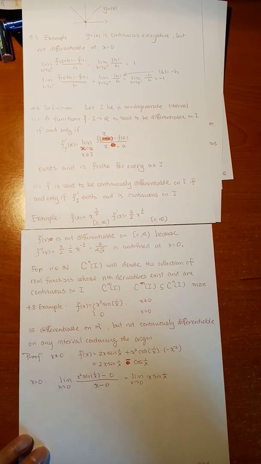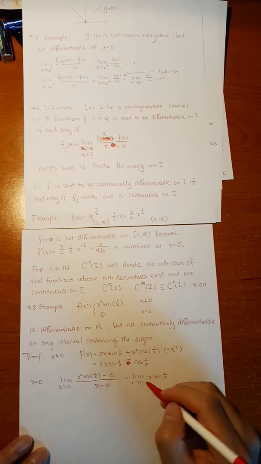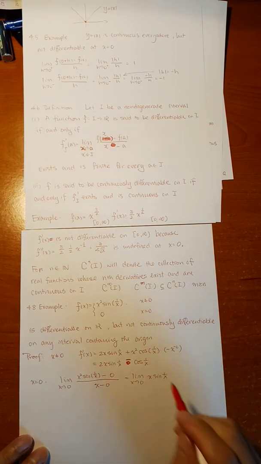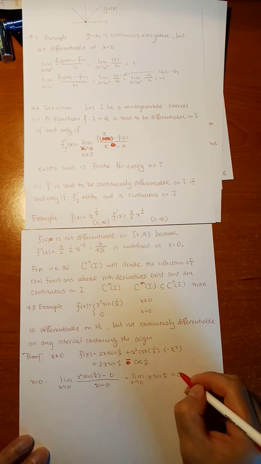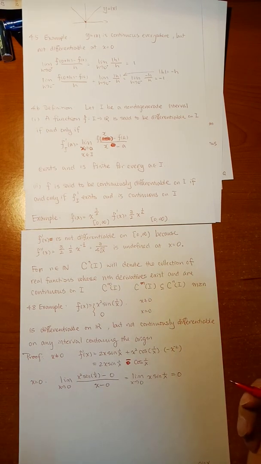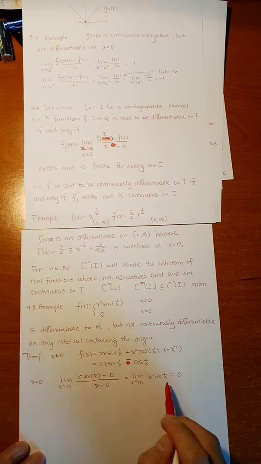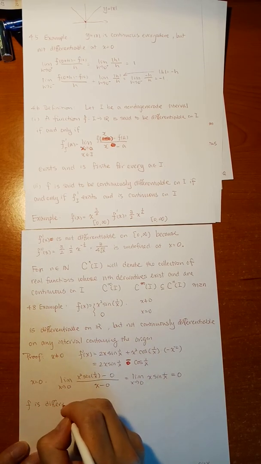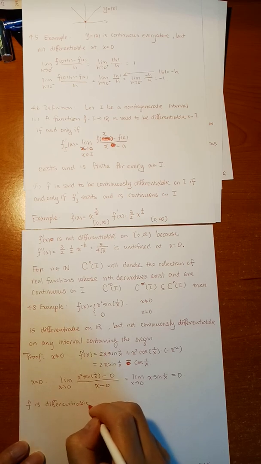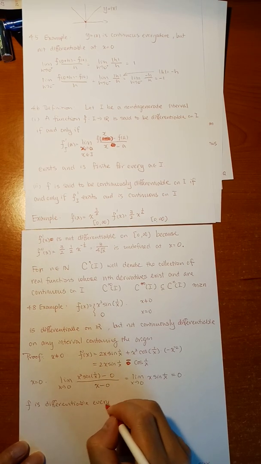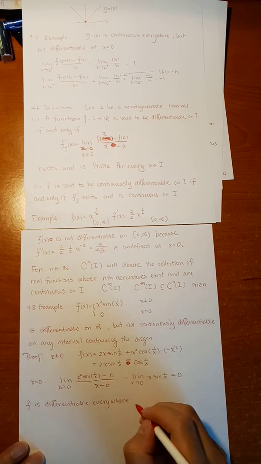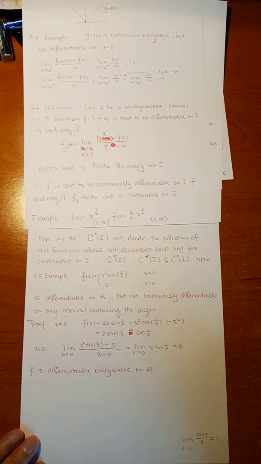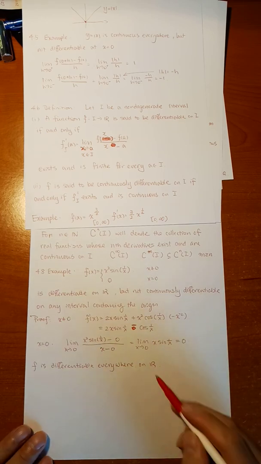If you flip x to the denominator, as x approaches 0, 1 over x approaches infinity. Actually, this one is done by the squeeze theorem. This limit is 0. So you see, at every point, f is differentiable everywhere on R. Every place you have the derivative.